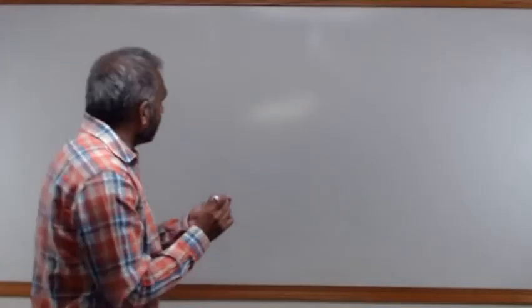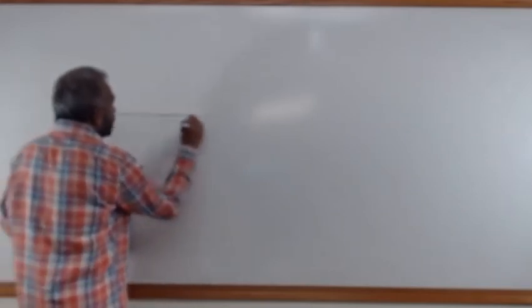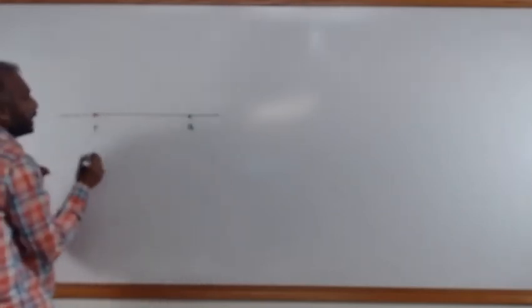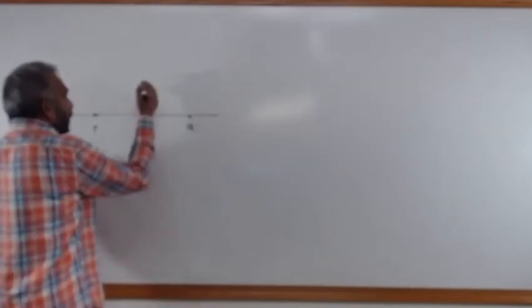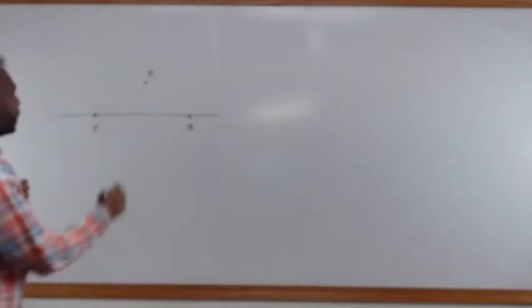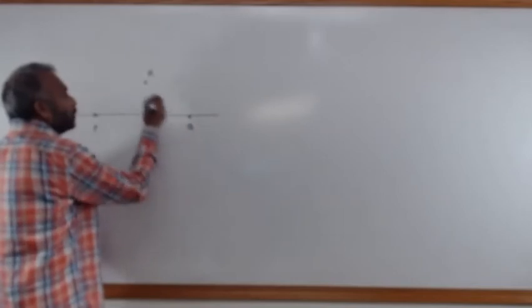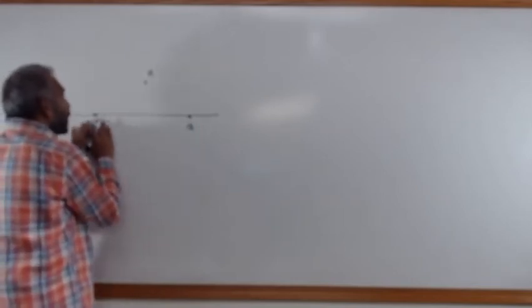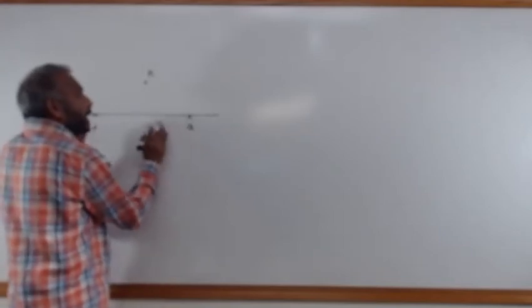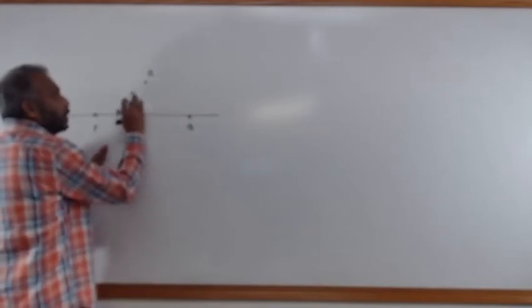Now let us assume that we know two points, P and Q, and there is another point somewhere on the line or outside, let's say R, and suppose you want to draw a perpendicular line.